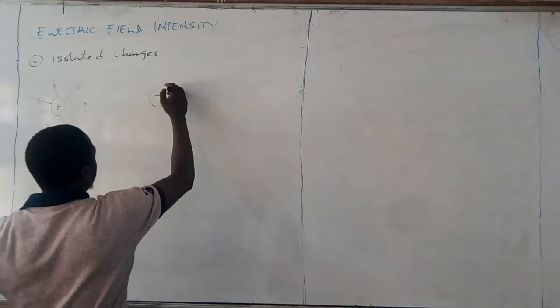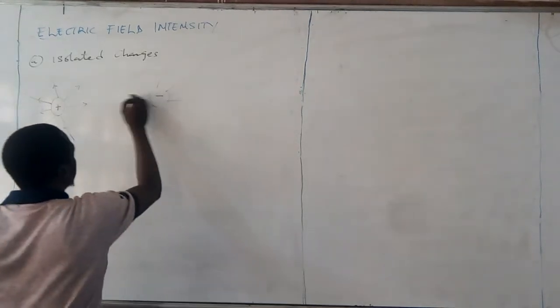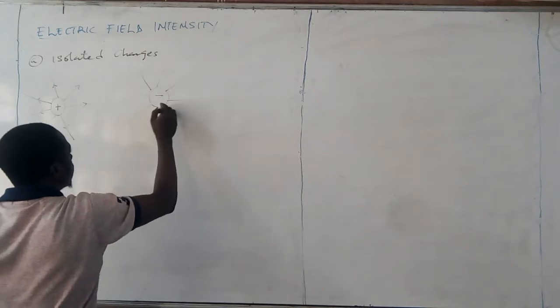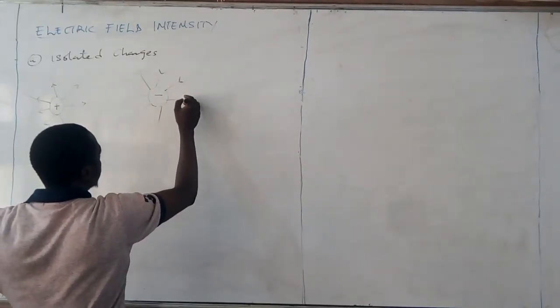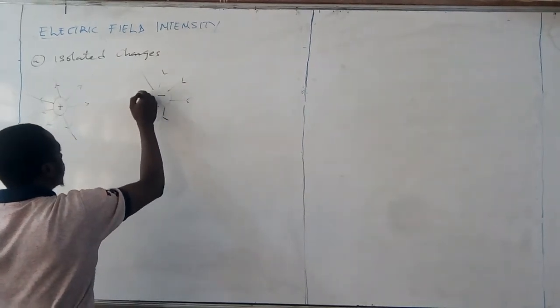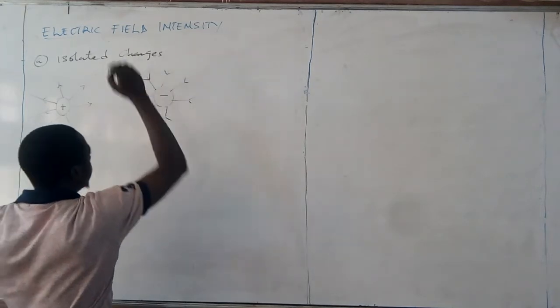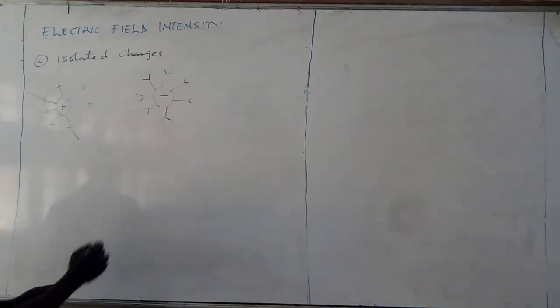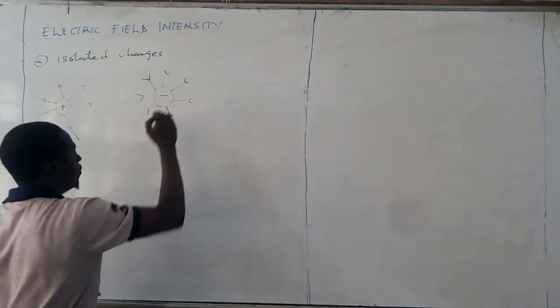Let's say we have the negative charge for an isolated charge. So we are going to have something like this. This is the representation of the statement.